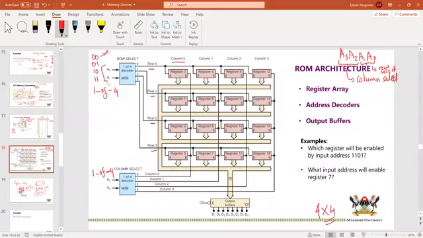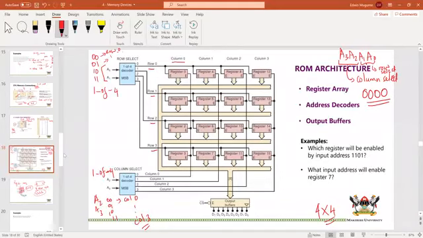It means row 0, row 1, and so on. Depending on what I have there, I select a certain row. Same here, A3 A2 can be 00, 01, 10, 11, and so that can be column 0 all the way to column 3. So depending on what address I have, I can select a row and a column. Now let's say that my address is 0000.